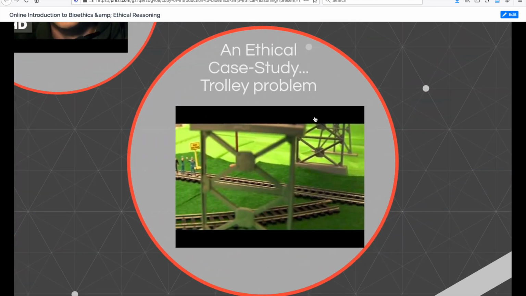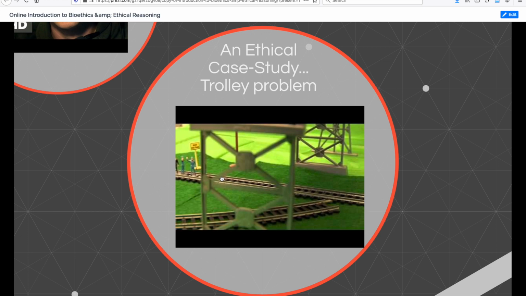Okay. So I am going to be posting the trolley problem case because it highlights some of the tensions that we'll discuss between deontological or duty-based ethics and consequentialist ethics. So I'm just going to show you this video. I wonder if I can do a video within a video.